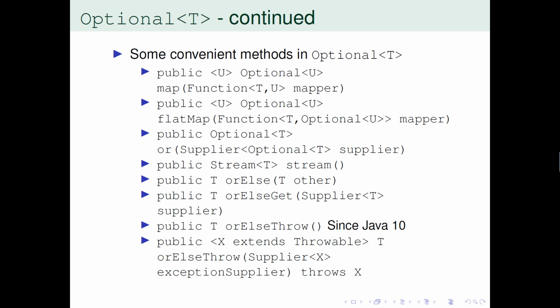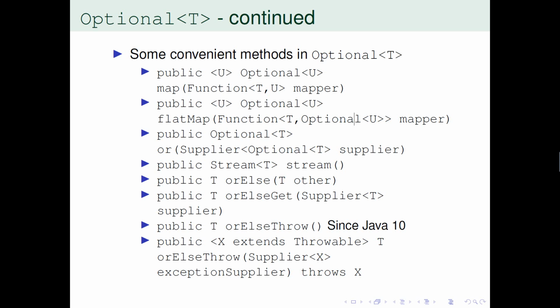From optional of T, you are making it optional of U. Suppose you have an optional of account, you can extract the name and make it an optional of string. There are two ways you may use it: the map method or the flat map method. In flat map, the function has to create the optional object, whereas in the other case, the function gives me the other type of object. Here the optional object itself has to be made available by the function.